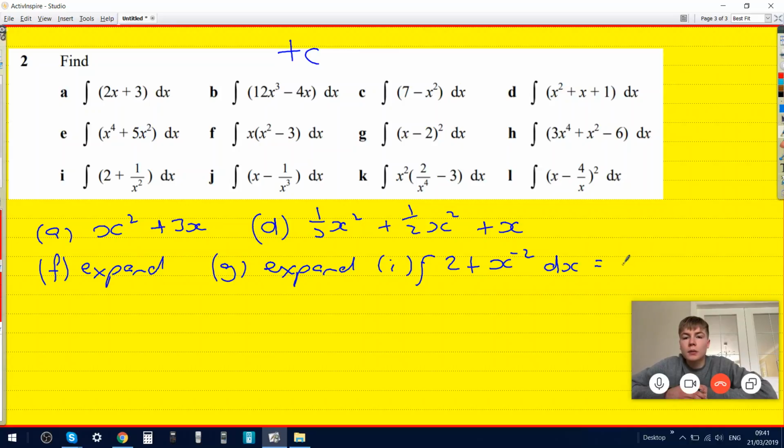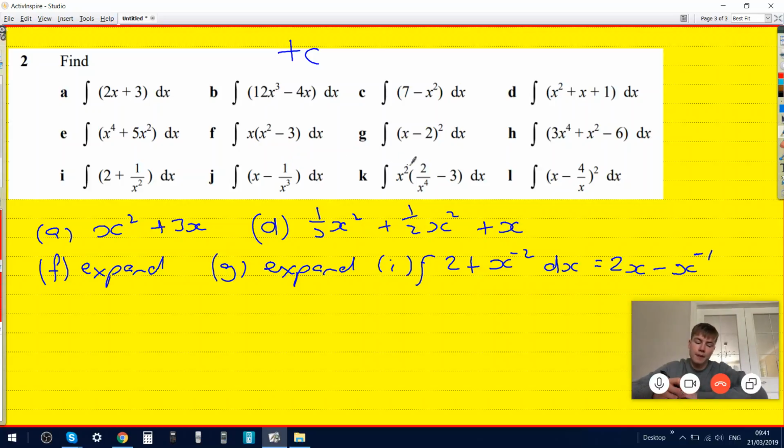X squared plus... How do you get x squared? 2 squared. Oh, it's 2x, sorry. Yeah. 2x plus minus 1x to the power minus 1. That's fine.